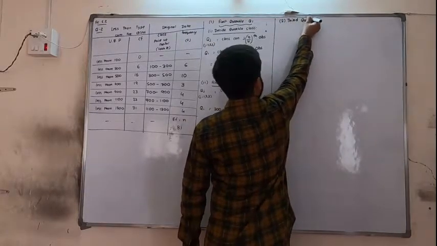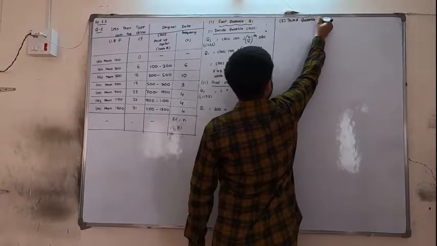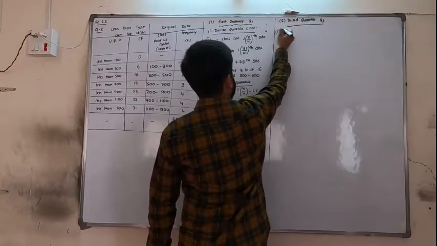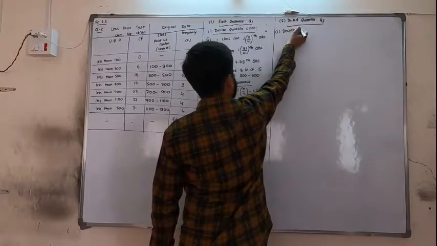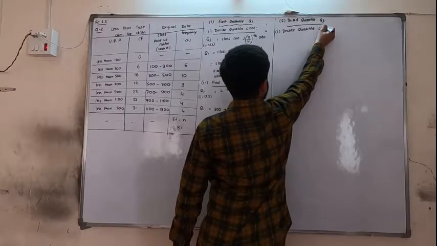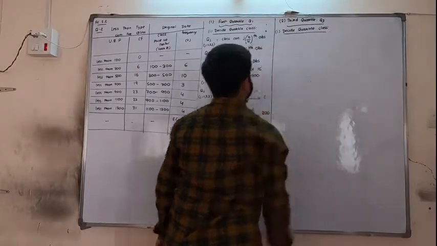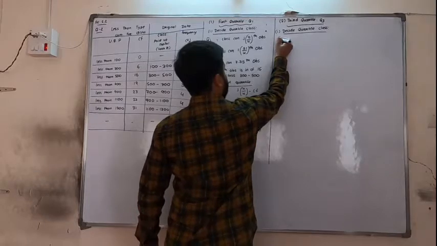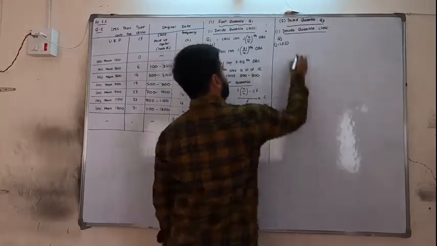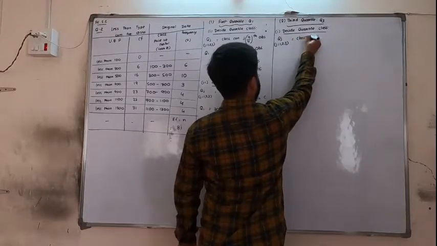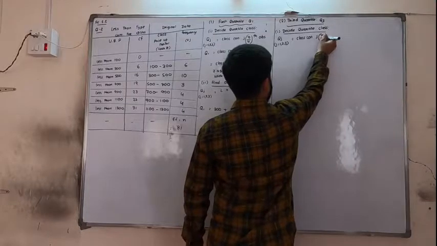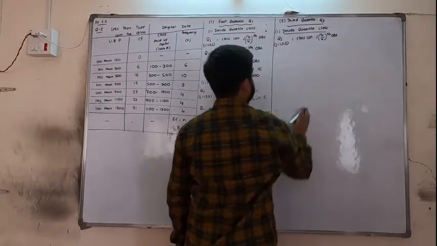Third quartile, that is Q3. First step, decide quartile class. Again Qj, j is equal to 1, 2, 3, is the class containing the j n by 4th observation.